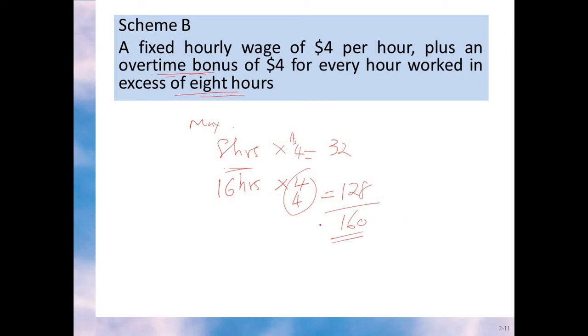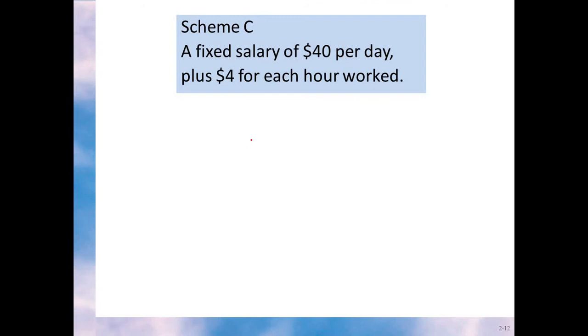I haven't drawn the curve yet, I'll show you later, but this is the maximum that the worker can get given this scheme. The last scheme, scheme C, is where this worker gets a fixed salary of 40 per day plus 4 for each hour worked. So again we want to calculate the maximum, which gives us the vertical intercept value.